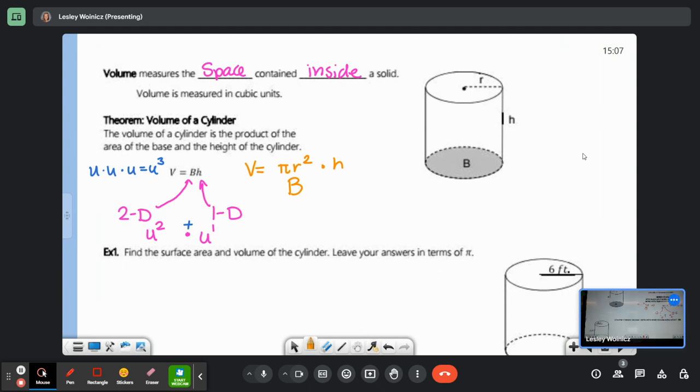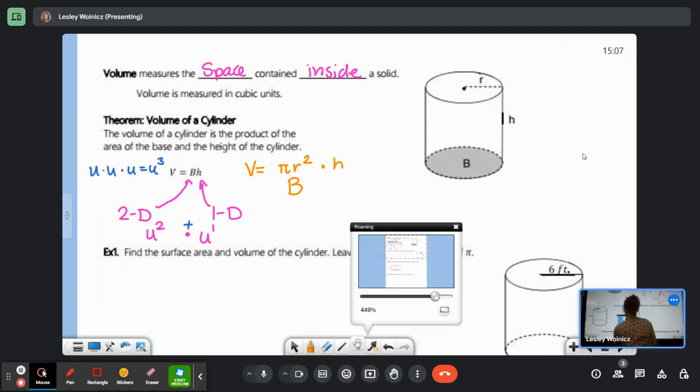So do you see that our units are already being squared because the radius is being squared? Okay, that's what gives us our power of 2. So if we do inches squared times inches, now we have inches cubed. Cool? Okay.